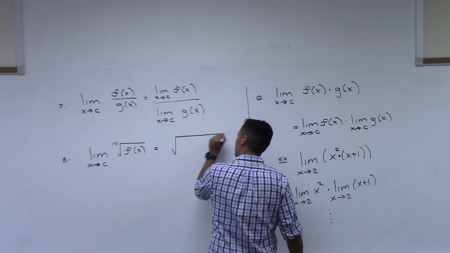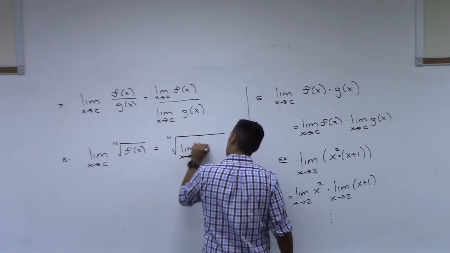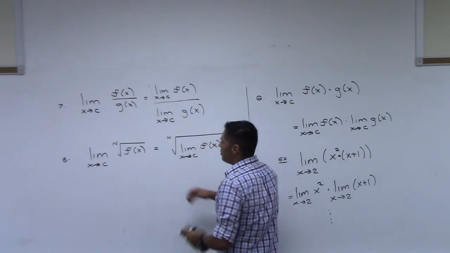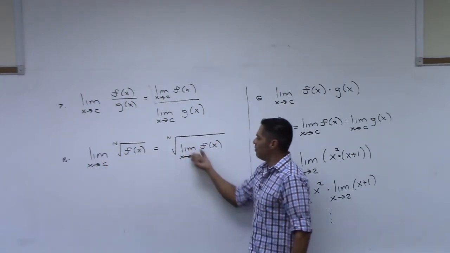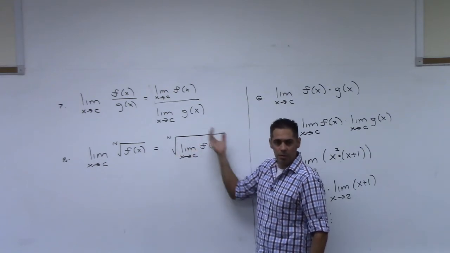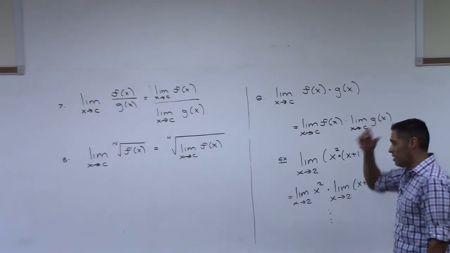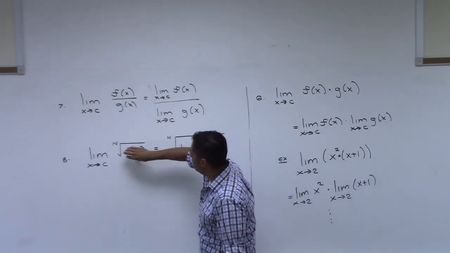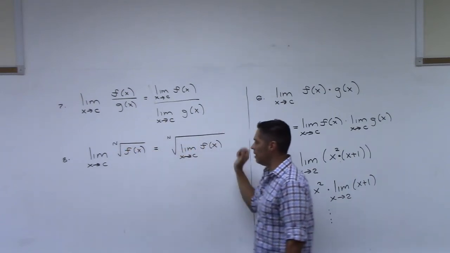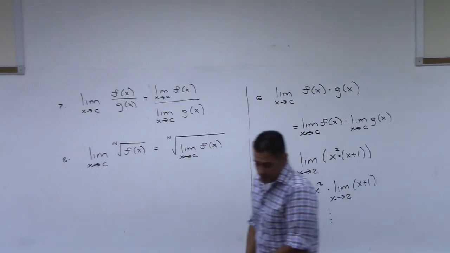It allows you to take the limit and put it inside the root and do the limit of the function first, then at the end take the root afterwards. So it saves us some complications later on by being able to just look at what's inside here, figure out what it goes to, and then calculate the limit. All right, those are the limit laws.